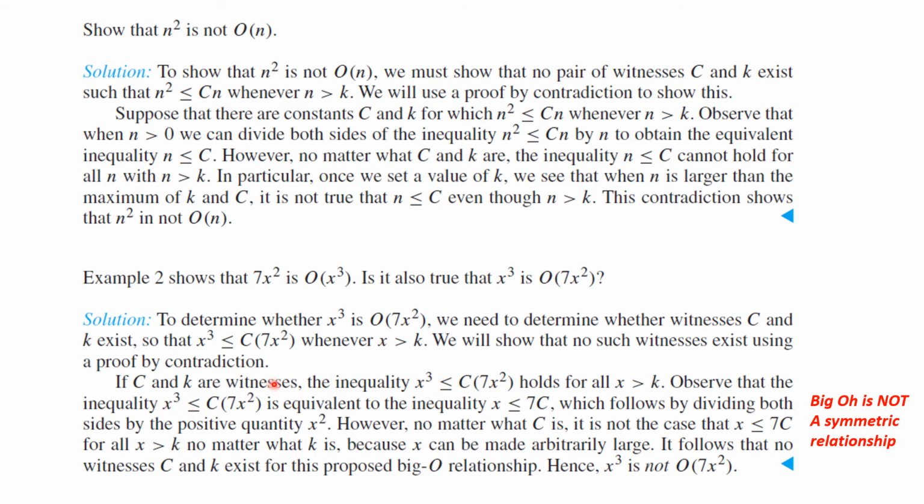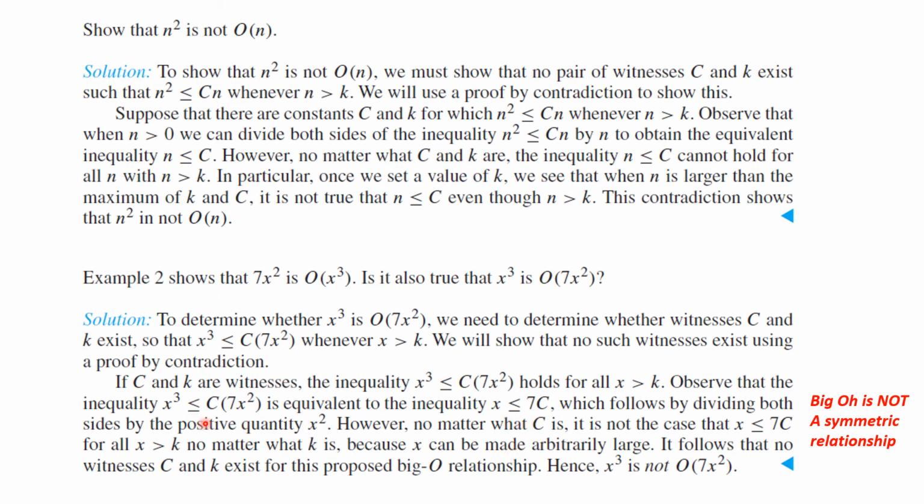If c and k are witnesses, then x cubed would be less than or equal to c times 7x squared for all x bigger than k. This is equivalent to the inequality we get by dividing both sides by x squared, which is a positive number.